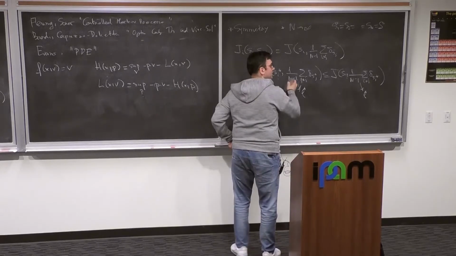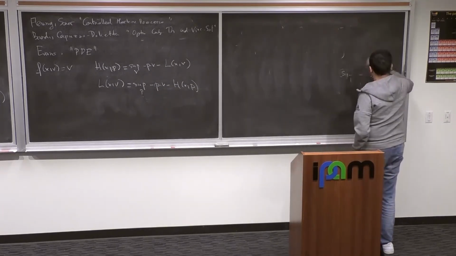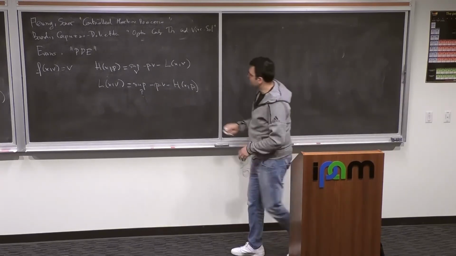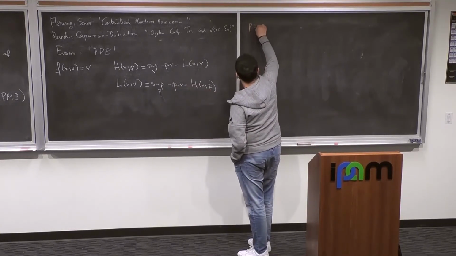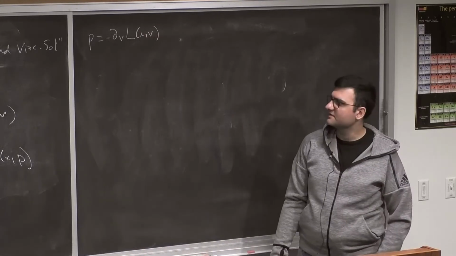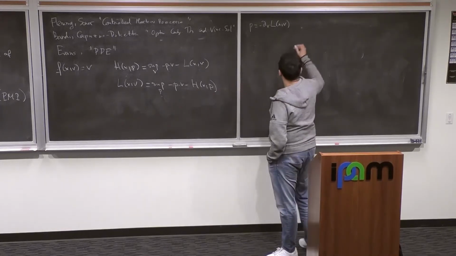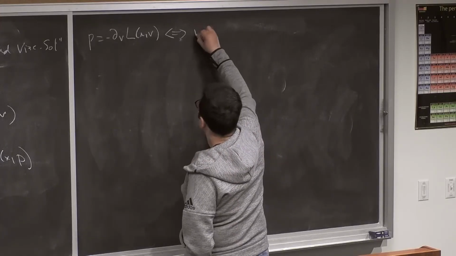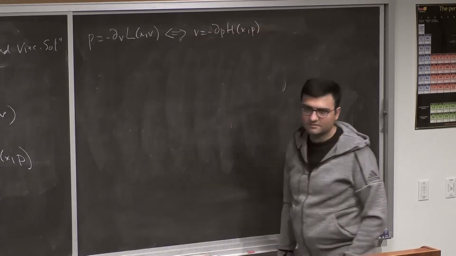And for that, if we differentiate this first equation with respect to V, we'll get that P is equal to minus dV L times V. And if we differentiate this expression in P, we'll get that this is equivalent to... okay.